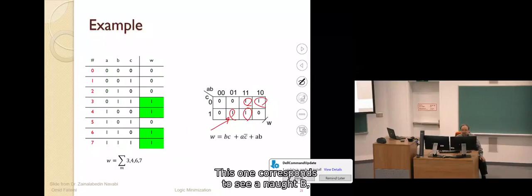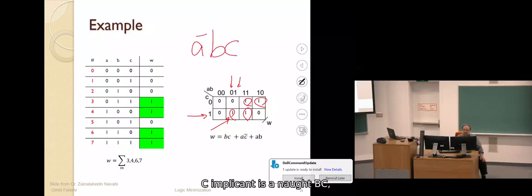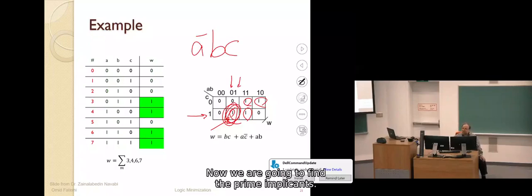This one corresponds to C, A naught, B. C, this is AB. A naught, B. So this is A naught, B, C. This implicant is A naught, B, C.